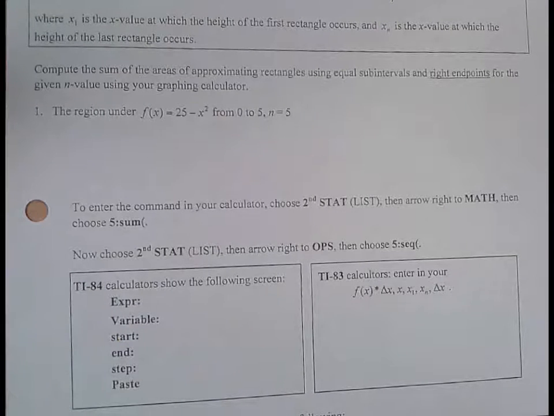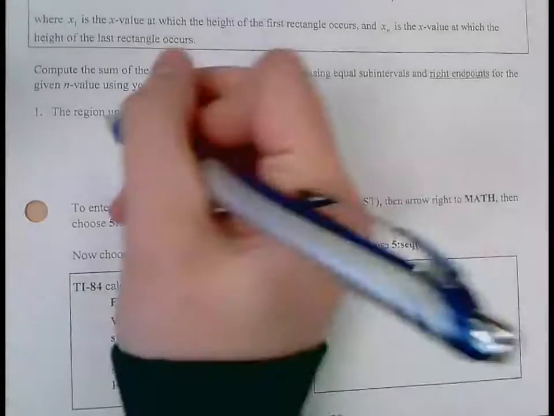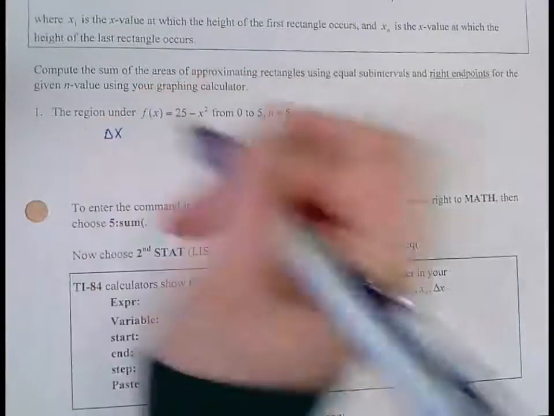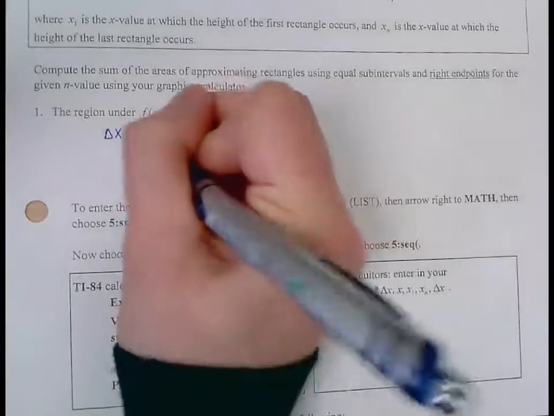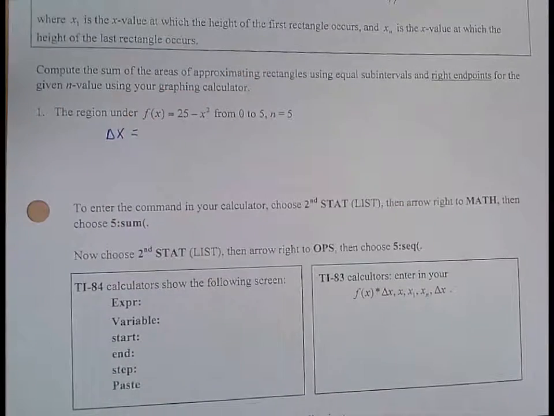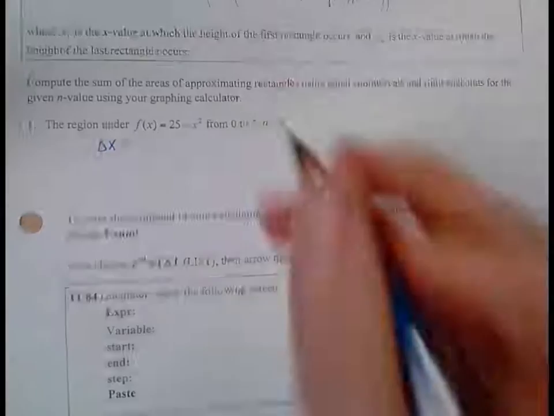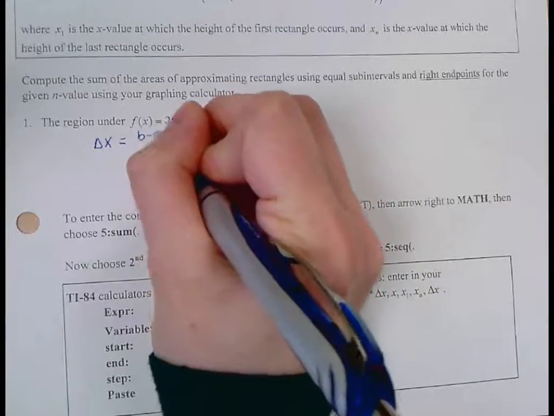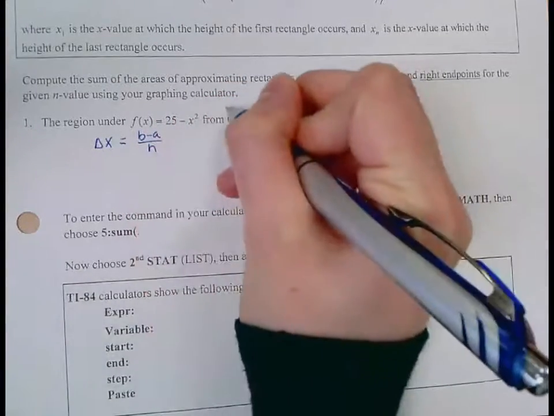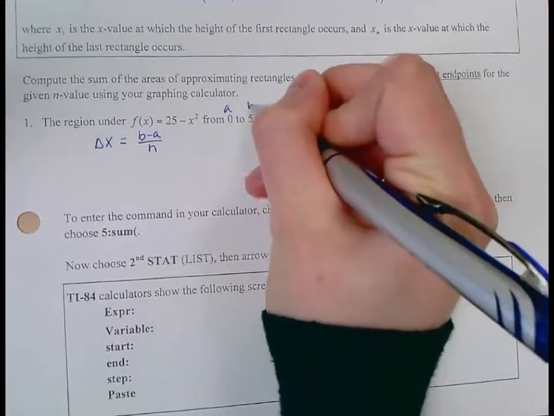So I would start out like you were going to do this by hand. I would first find what delta x is. How do you calculate what delta x is? It's your b minus a divided by n. A in this case is 0, b is 5.